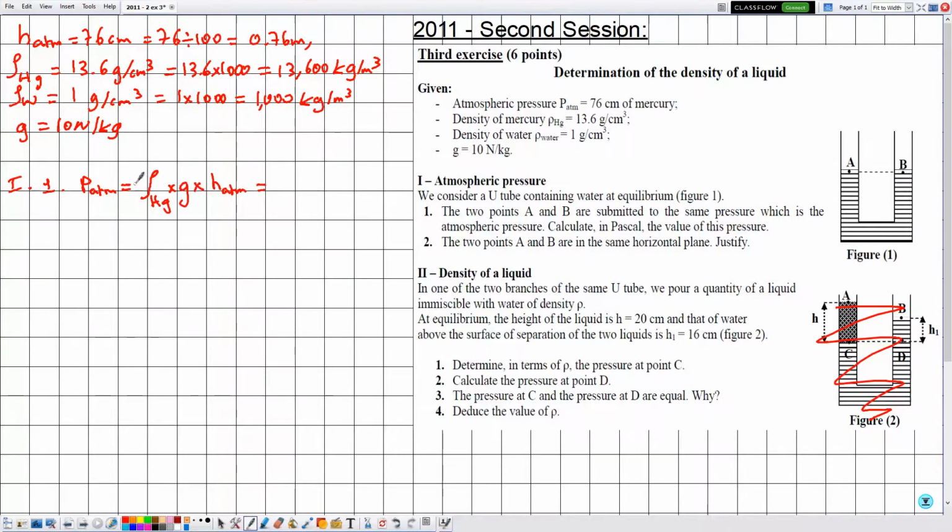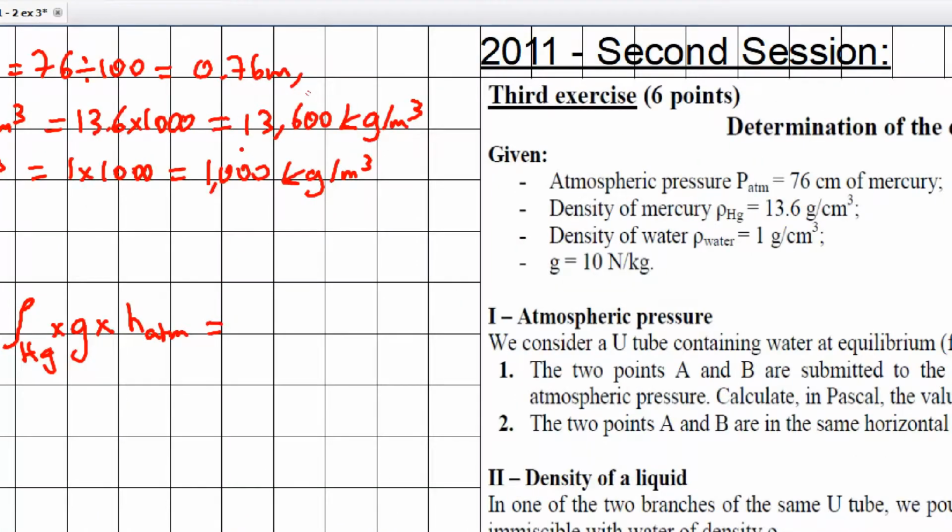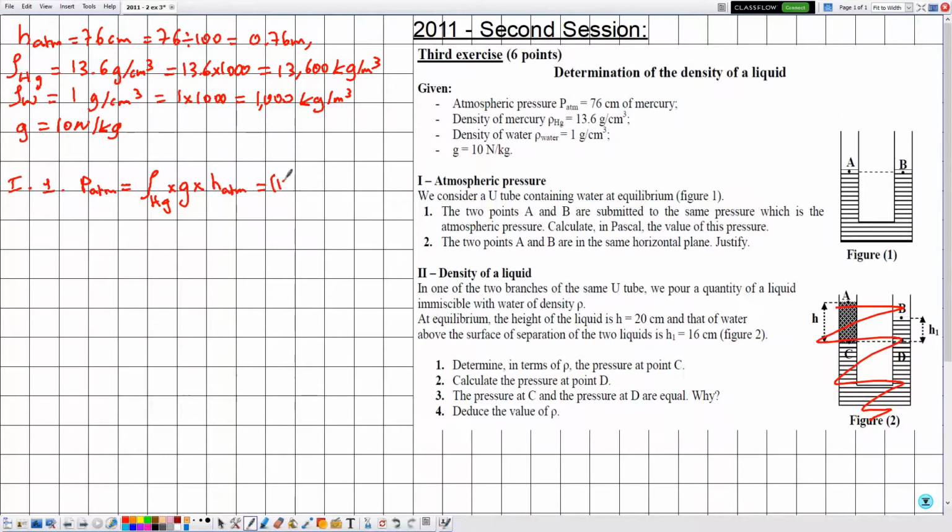The density of mercury is 13,600, the value of g is 10, and the atmospheric height is 0.76.